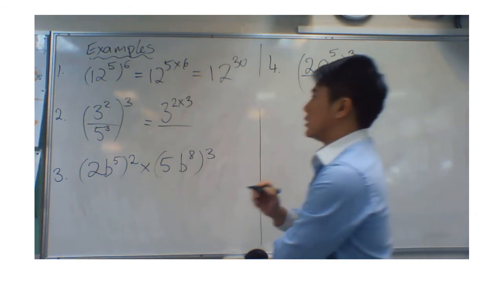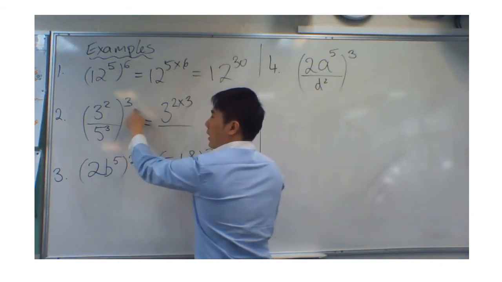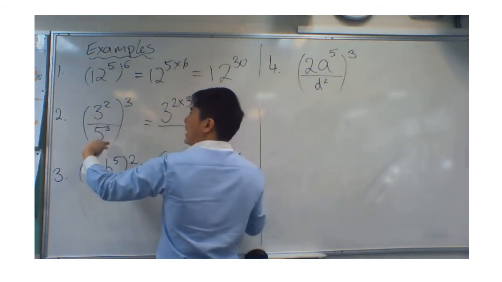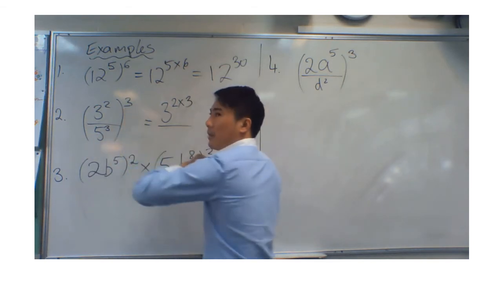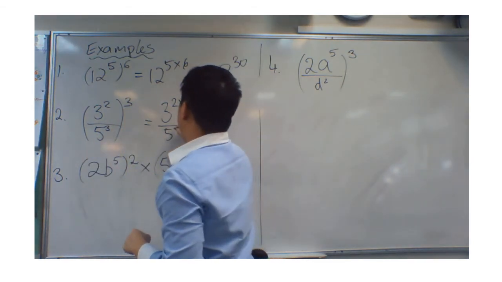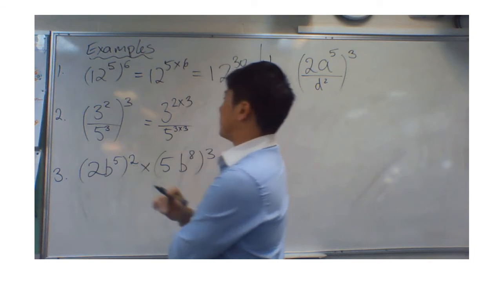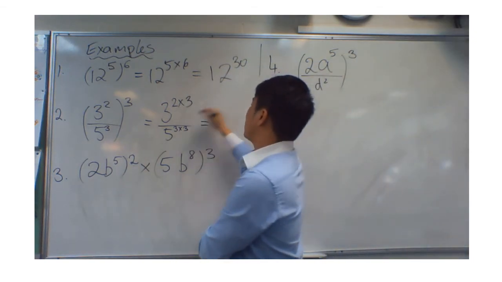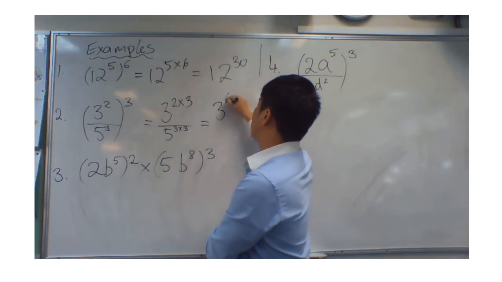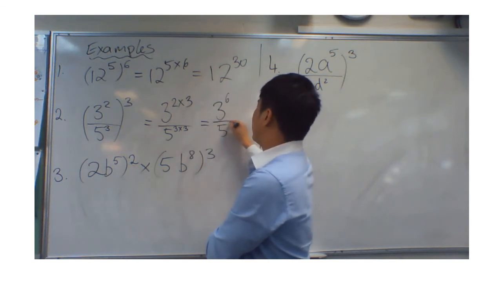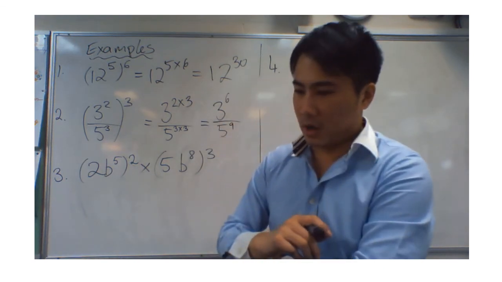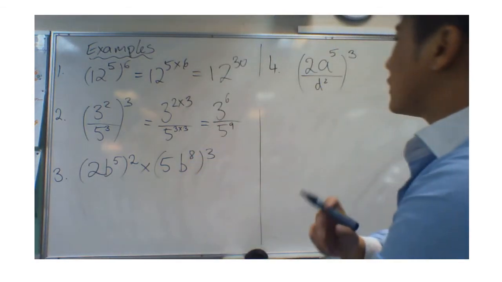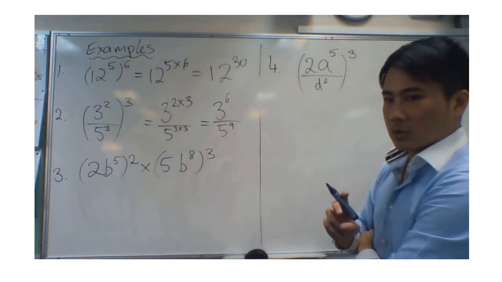We're going to times the 3 by 3, right? It's basically saying 5 to the power of 3 raised to the power of 3. 5 to the power of 3 times 3. Okay? So that becomes 3 to the power of 6 over 5 to the power of 9. Okay? That's how you do number 2.